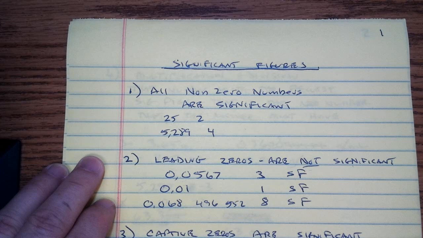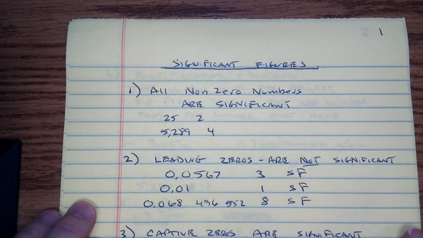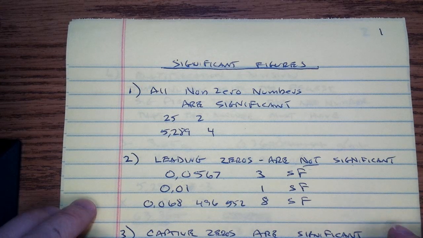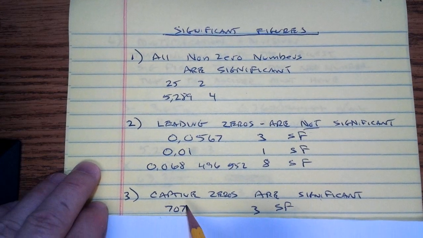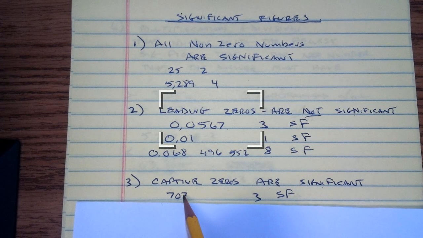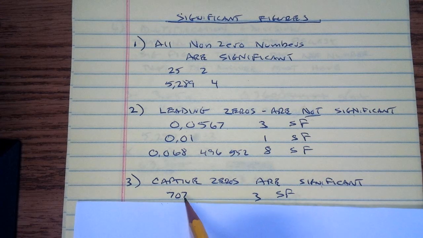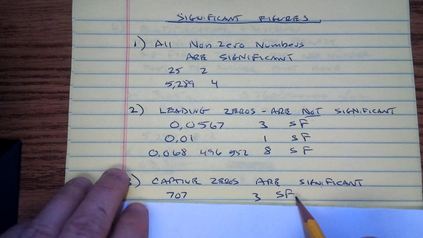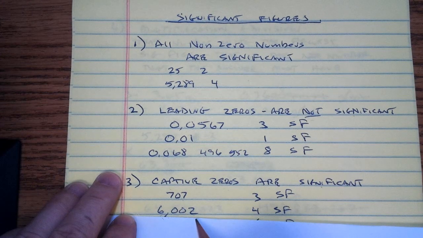Rule number 3. It's an easy rule as well. Captive zeros are significant. What are captive zeros? Those are zeros that are caught between numbers. If you have 707, this zero has a 7 on each side, so it's going to count as significant. In this example, we have 3 sig figs. Another example, 6,002.